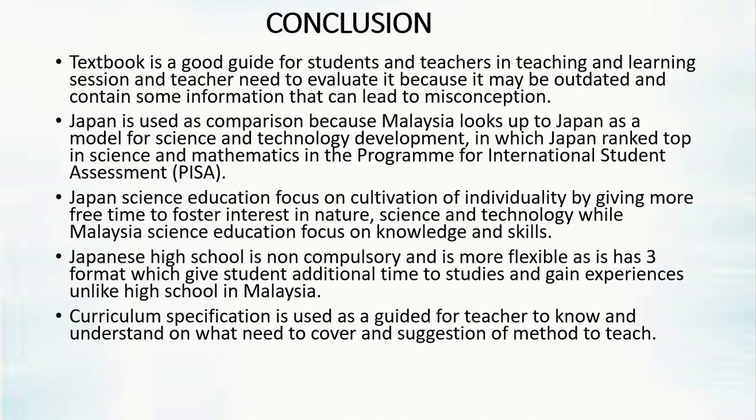Japan's science education focuses on cultivation of individuality by giving more free time to foster interest in nature, science and technology, while Malaysia's science education focuses on knowledge and skill. Japanese high school is non-compulsory and more flexible, and it has three formats which give students additional time to study and gain experience, unlike high school in Malaysia.